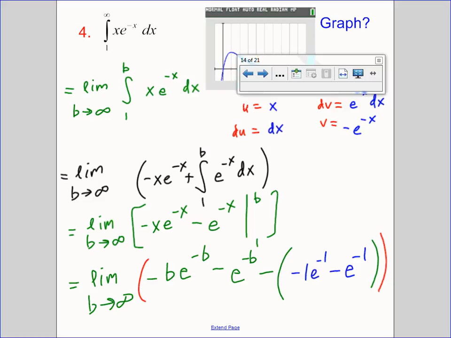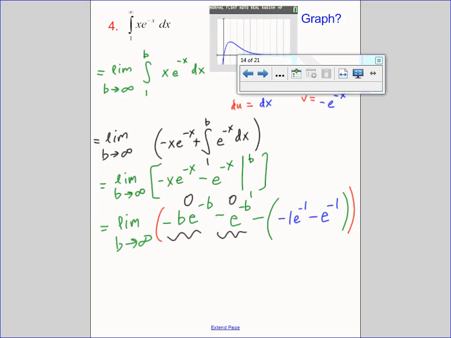Let's go term by term, you guys. Recall that e to the negative b is the same as 1 over e to the positive b. So what's going to happen to each of these first two terms as b goes to infinity? 0. So this goes to 0, this goes to 0, which means I'm left evaluating a constant minus a constant.